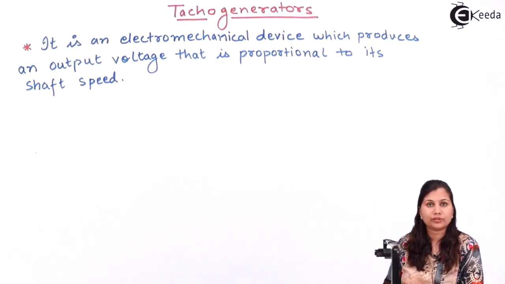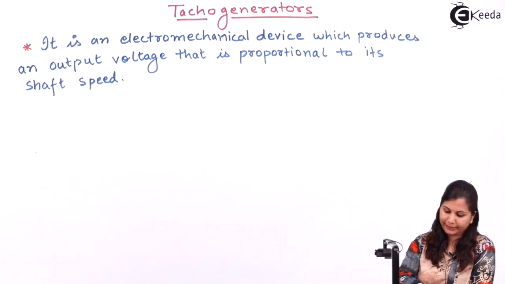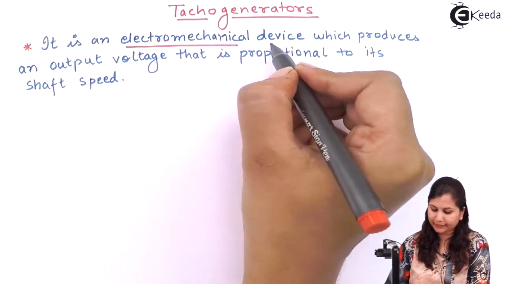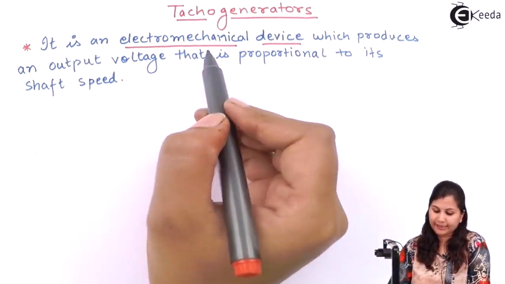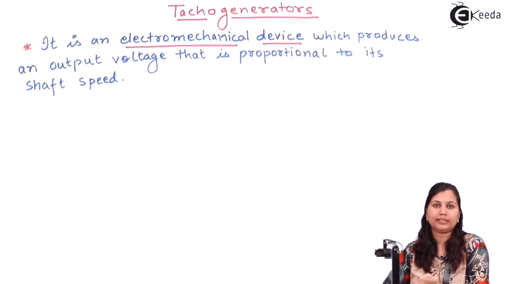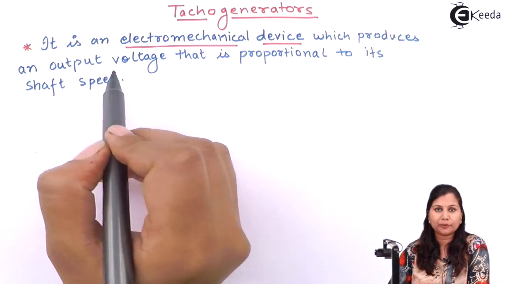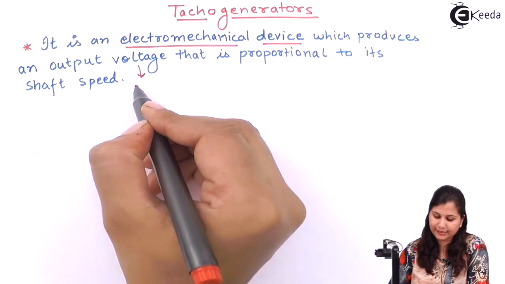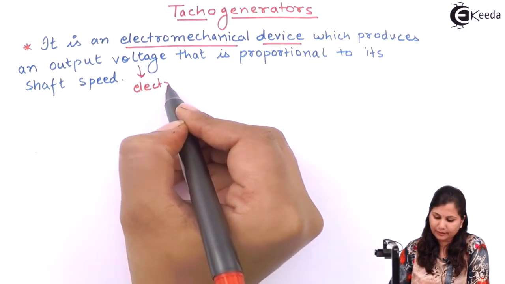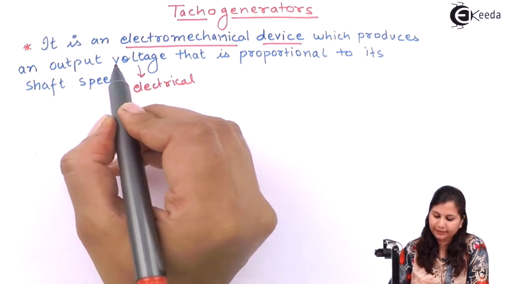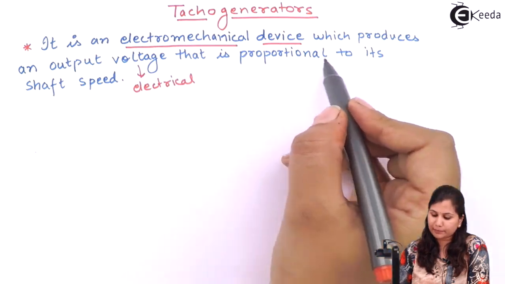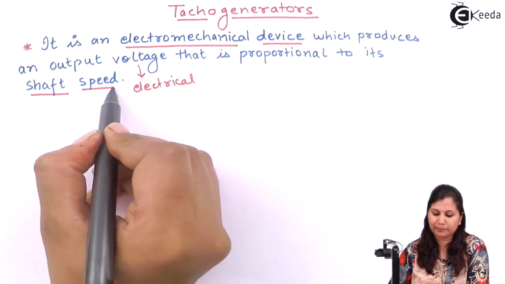So what is a tachogenerator? It is an electromechanical device. Electromechanical means that it is dealing with both electrical and mechanical signals, and it is producing an output voltage. So voltage is the electrical signal, and this output voltage is proportional to the shaft speed.